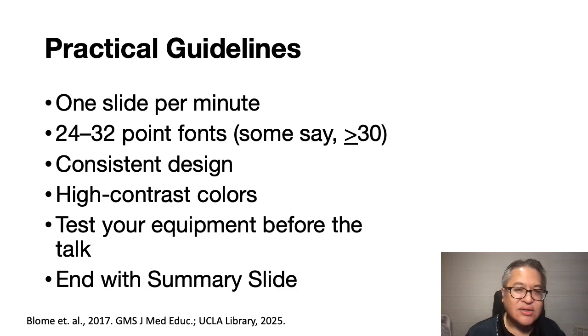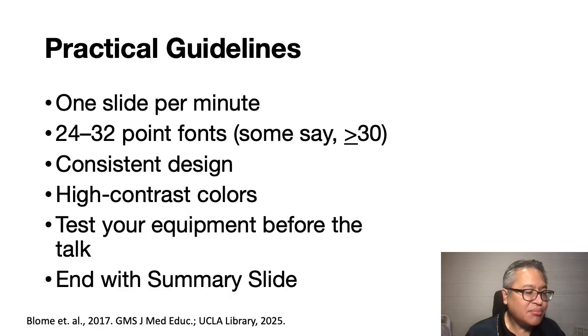All right, so we're down to the practical guidelines. If you'll take home something, take these home. One suggestion is to do one slide per minute of speaking time, and use 24 to 32 point fonts for readability, although some papers suggest at least 30 point font size.